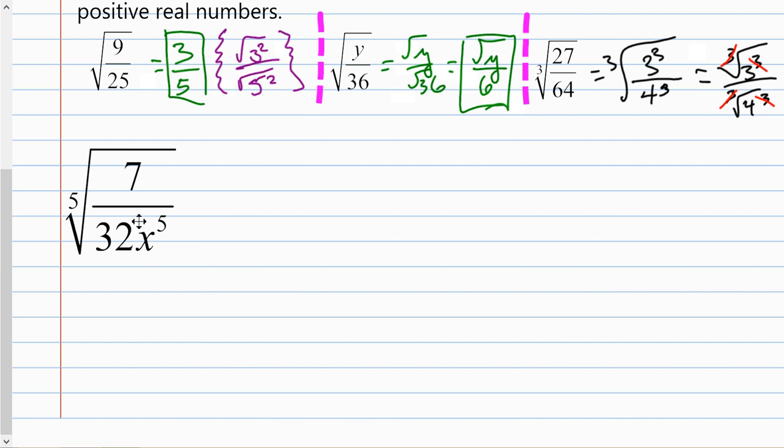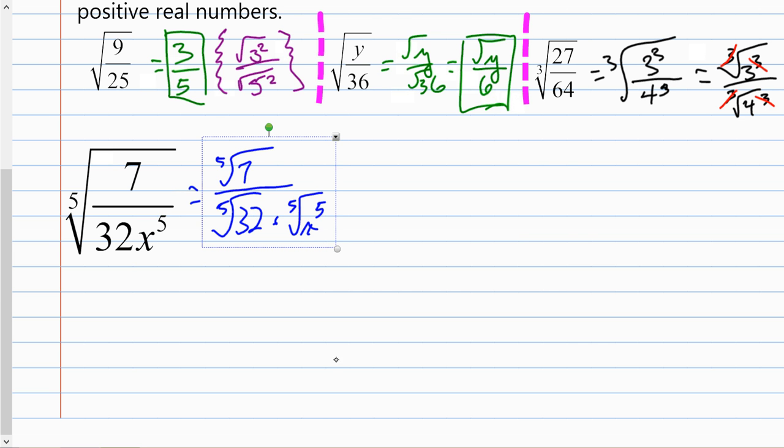So I'm looking for the fifth root of 7 over 32x to the fifth. And my first step is going to be to break this into pieces. So I want to turn this into the fifth root of 7 over the fifth root of 32 times the fifth root of x to the fifth.